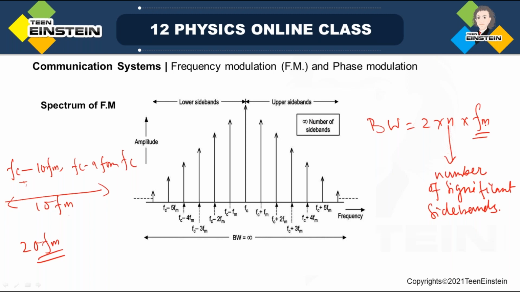Okay, so these are the features of the spectrum of frequency modulated carrier wave. But here you have to understand that the modulating wave is actually a sinusoidal wave, and in that case it is like this.